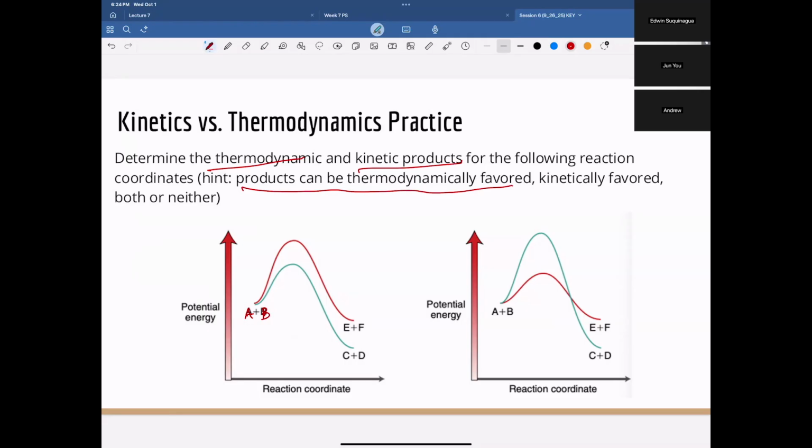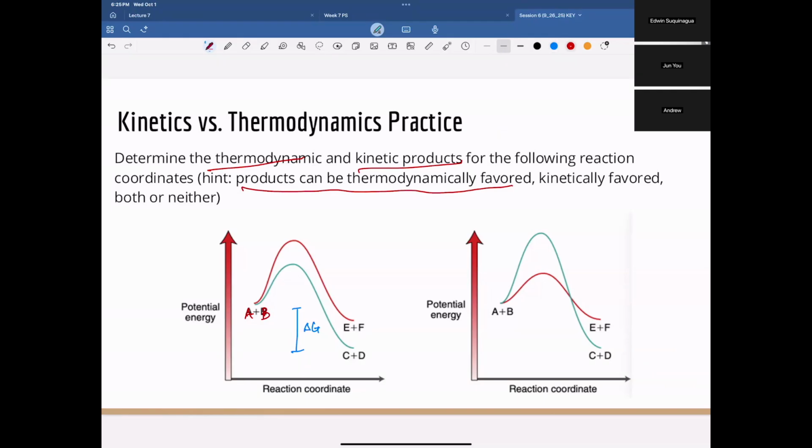So when we look at thermodynamics, we're going to be looking at delta G, right? So delta G for the blue line here, I'll write it in blue so it's easier, is this.